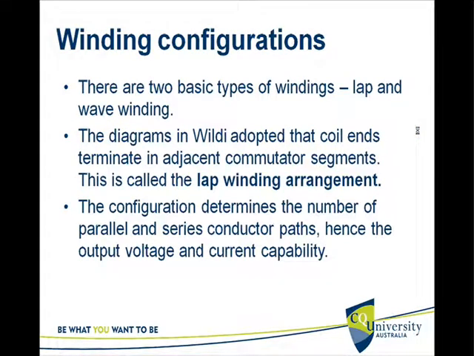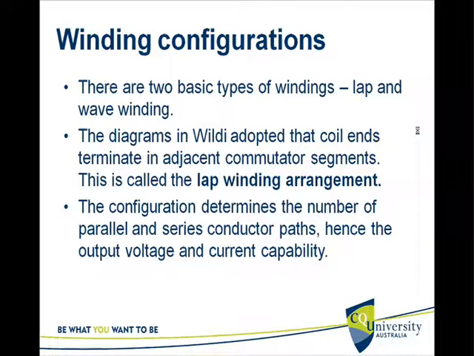And this leads us to talk about winding configurations. There are different ways of winding the armature. So there are two basic types of windings: lap winding and wave winding. There are diagrams in the text. The coil ends terminate in adjacent commutator segments.